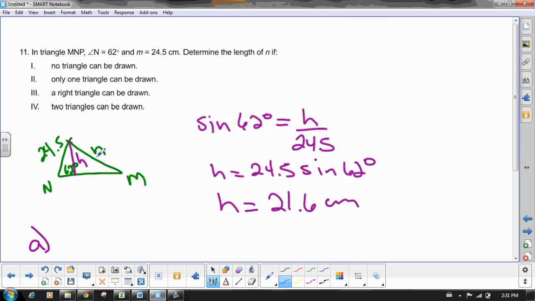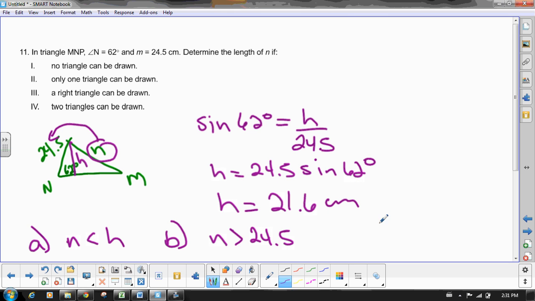Now, if no triangle is going to be drawn in this particular case, the value of n has to be smaller than this here. So n has to be less than h. For one triangle to be drawn, we know that n has to be greater than 24.5, because n, the side that's opposite the angle, just needs to be bigger than this one.